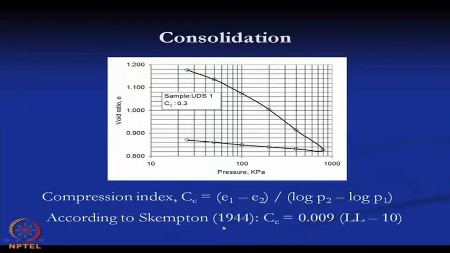According to Skempton, we can also determine Cc as 0.009 times (LL minus 10), where LL is the liquid limit. In this way also we can determine the value of Cc.